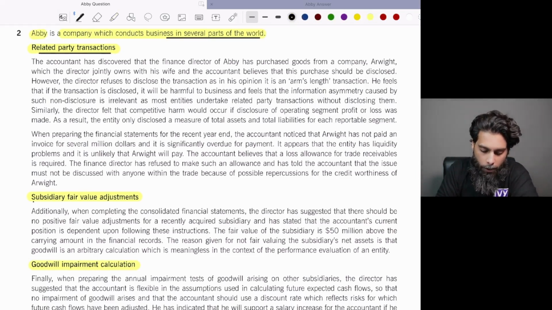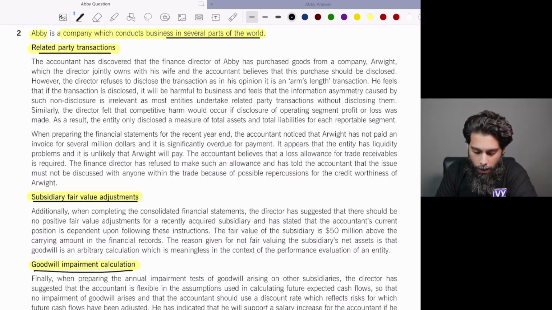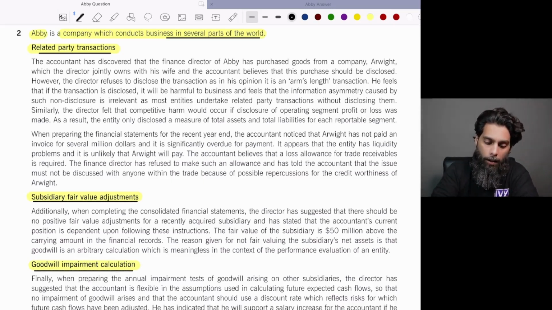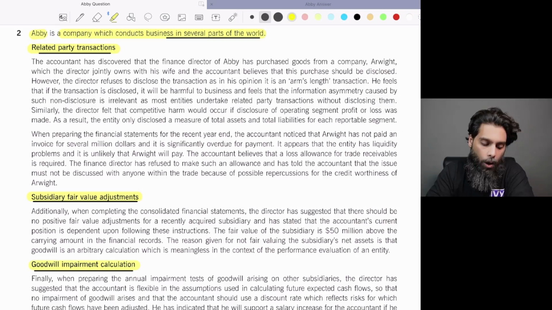The other paragraph is going to be about subsidiary fair value adjustments, and the third paragraph is going to be about goodwill impairment calculation. So all these 3 areas are before you. As far as related party transactions, the examiner tells you the accountant has discovered that the finance director of AB has purchased goods from a company RY.